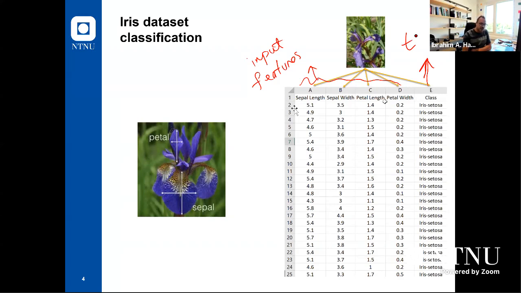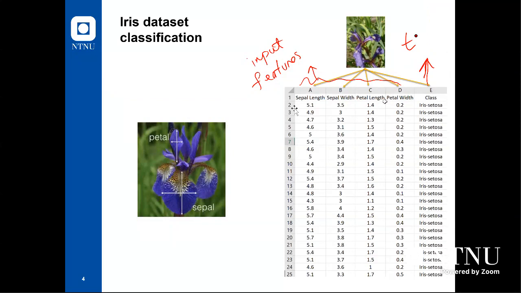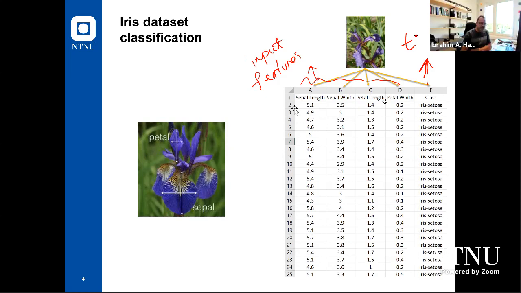This last column has 3 different classes: Setosa, Versicolor, and Virginica. So we have 3 different types of flower. Using the petal and sepal length and width, we can classify it into 3 different classes. So if you want to build a model, it's simple. We need to build a model.